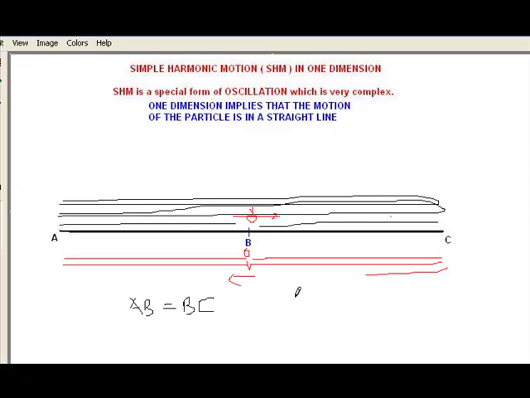If you want to write the equation in velocity, it will be v A to C is equal to minus v C to A. That means at point B. Yes, this is the vector diagram. Now this is another interesting observation about simple harmonic motion. But we are going to see the next point.